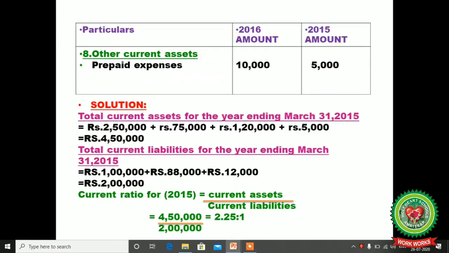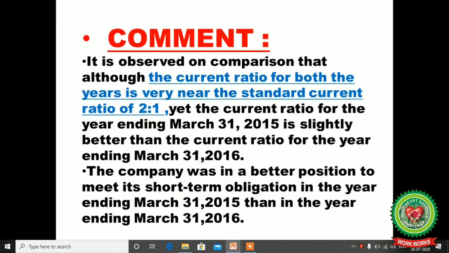So compare the two years, 2015 and 2016. In 2016 your ratio is 2.17, and in 2015 it is 2.25, meaning 2015 has a higher ratio as compared to 2016. Like, see, the conclusion. It is observed on comparison that the current ratio for both years is very near the standard current ratio of 2:1.